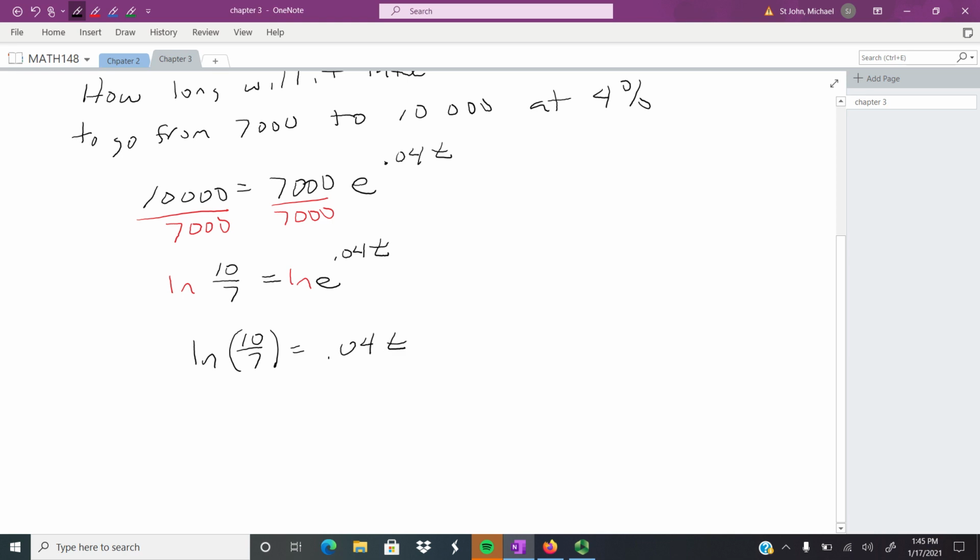And then the opposite of multiplying is to divide, so we'll divide by 0.04. And we can get our answer that t is going to be 8.92 years. So just under 9 years for us to get to that goal.